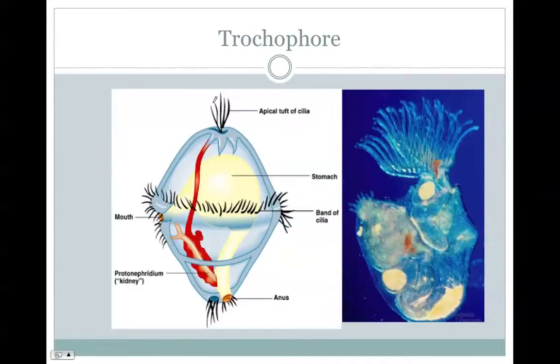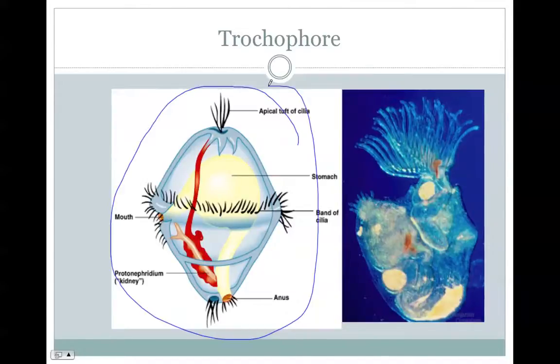You may be wondering, well, this is still chapter 27, and the beginning three sections of chapter 27 we learned about roundworms, flatworms, segmented worms, and the annelids. So why are mollusks, the snails, the octopus, why are they in this chapter? Well, they're related. There are many different reasons why we know they're related evolutionarily, but one of the major reasons is because this structure right here is known as a trochophore larva, and it's a free-swimming larva, and it has different structures.